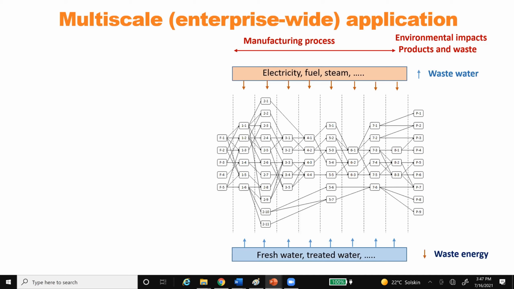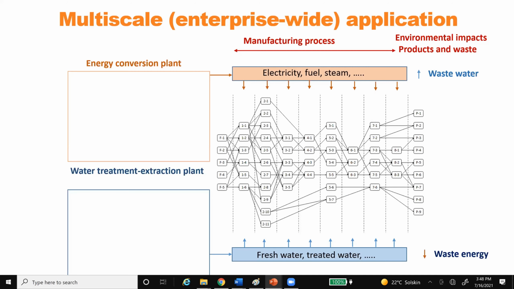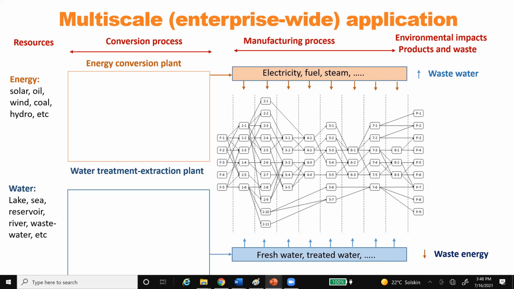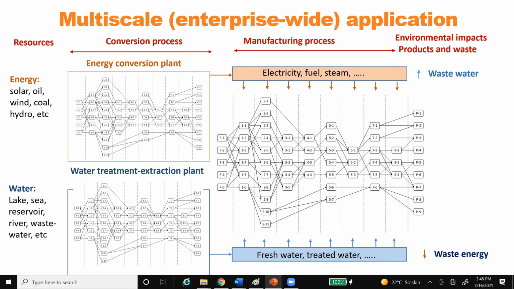So we assume that there is no limit on the energy we need and the water we need. But we could put a limit, and we could put what kind of energy we will use, what kind of water we will use. And then we could also say that not only this, we'll put a limit, we will also synthesize the network for energy, for water.